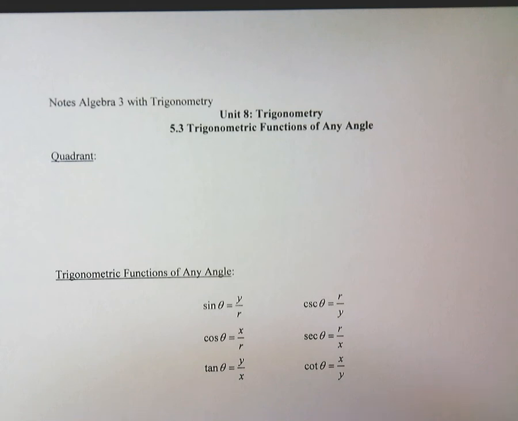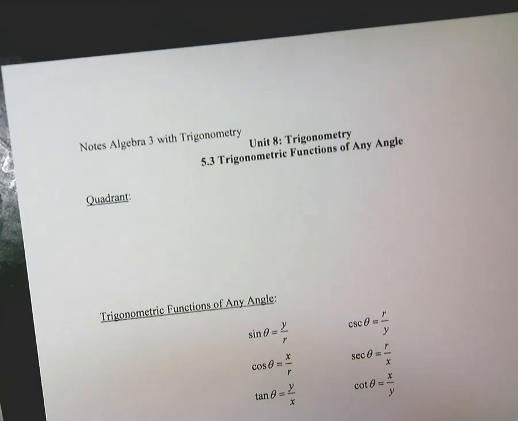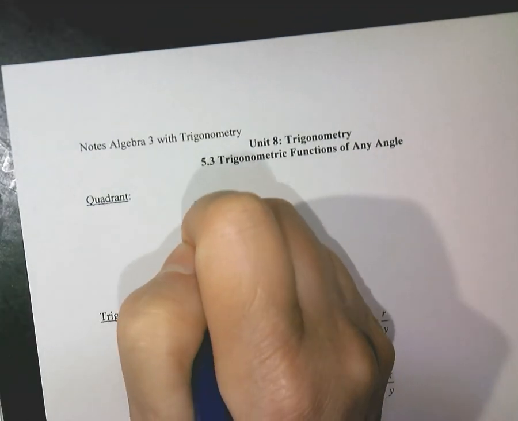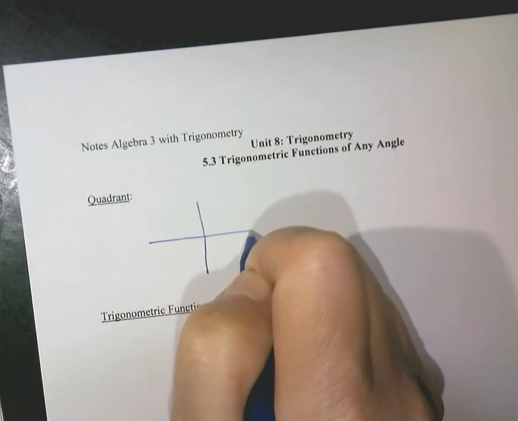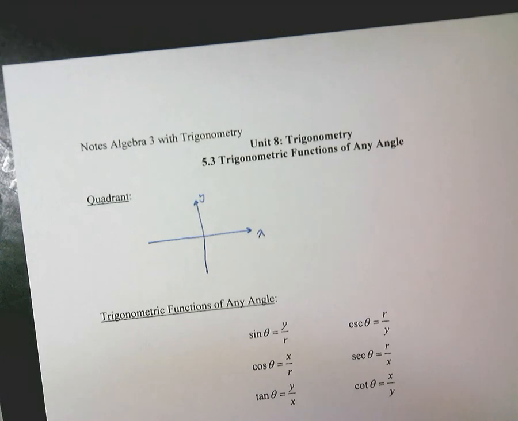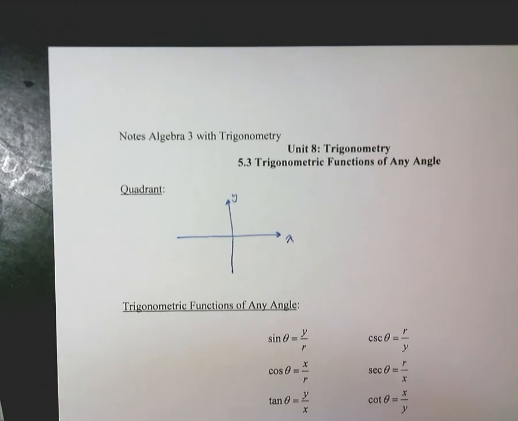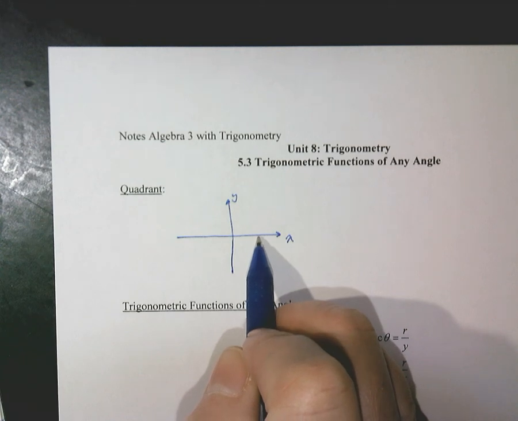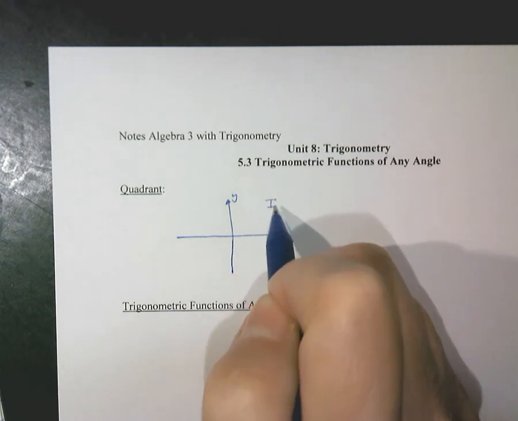And when we drew angles in standard position, we always started on a coordinate plane. So if I start, this is going to be your X and your Y. And the quadrants that we drew these in, we always started at the positive X axis, and that's quadrant 1.